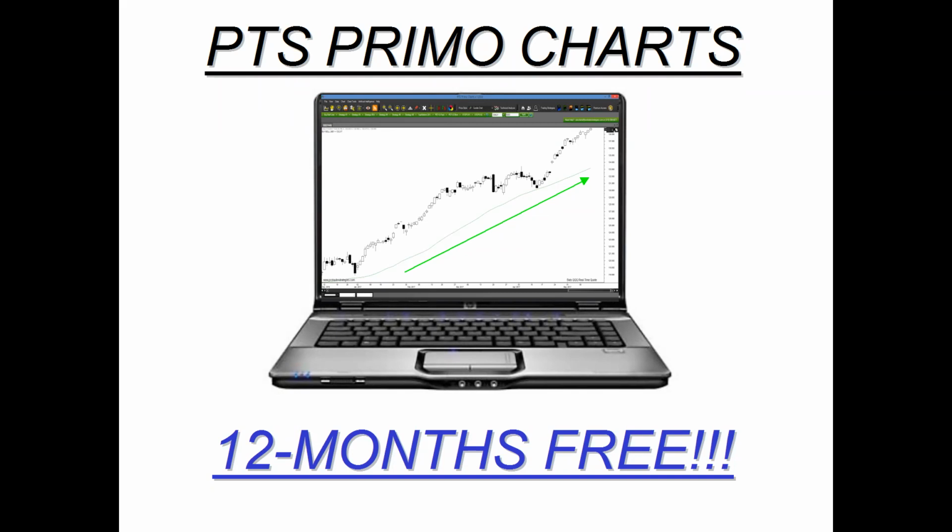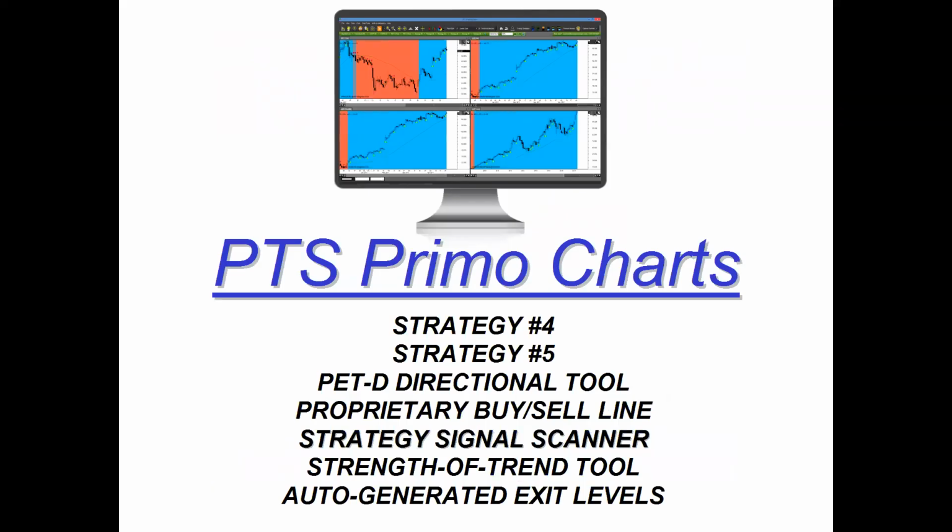We have testimonials. You can go online from students that use our platform, our educational platform, telling us how well it has helped them, how simple it is, and how you can find things that aren't offered on any other platform. For example, you're not only going to get strategy 4 or 5 and the PET-D, but you'll get our proprietary buy-sell line, 4 different ways for determining the overall trend. You'll also get our strength of trend tool. This is a way to tell you when a trend is running out of steam or not.